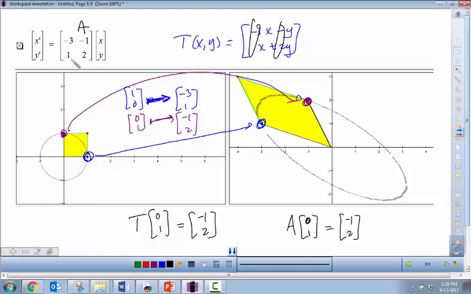Do you see that? -3, +1, and -1, +2. The other important thing to note is that I also didn't bother figuring out what happens to 1, 1 here. Did you notice I didn't do that?